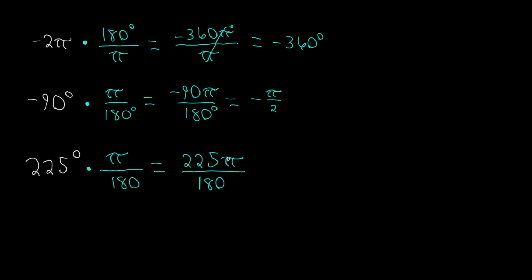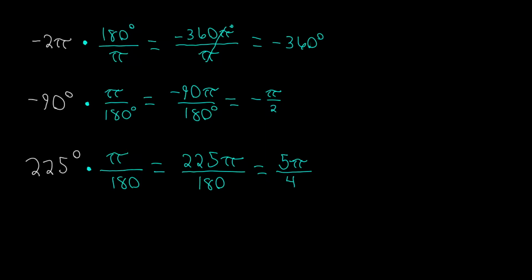You might not notice it right away, but 45 goes into both of these. It goes into 225 5 times, and it goes into 180 4 times. So we're left with 5 over 4 pi radians, or 5/4 pi radians.